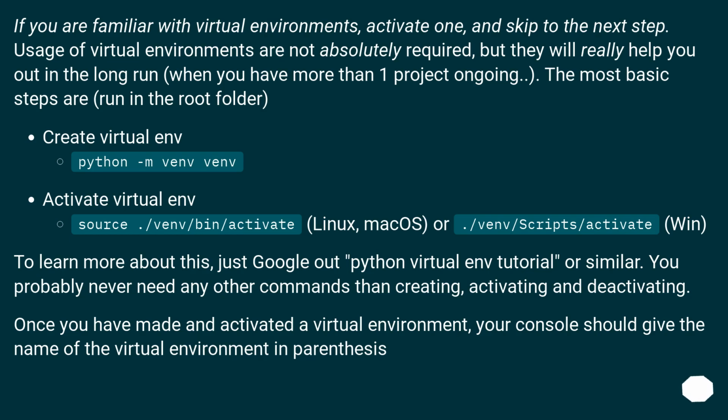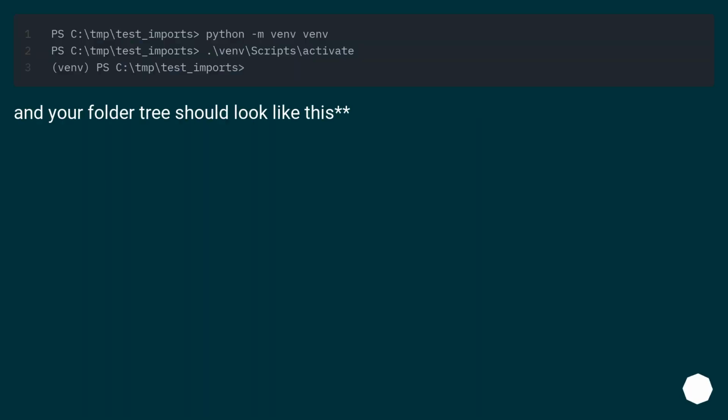You probably never need any other commands than creating, activating and deactivating. Once you have made and activated a virtual environment, your console should give the name of the virtual environment in parentheses. And your folder tree should look like this.